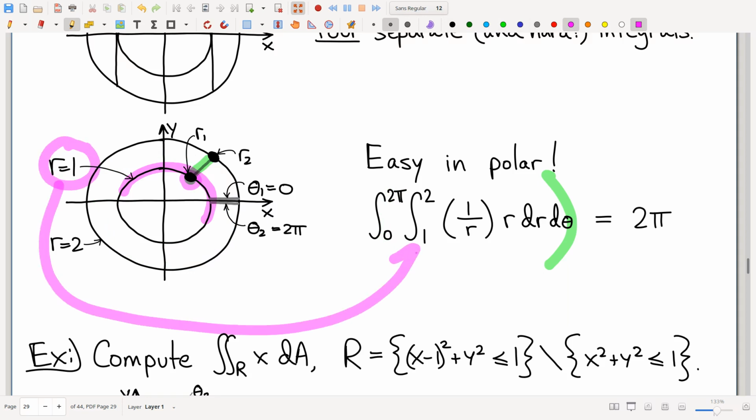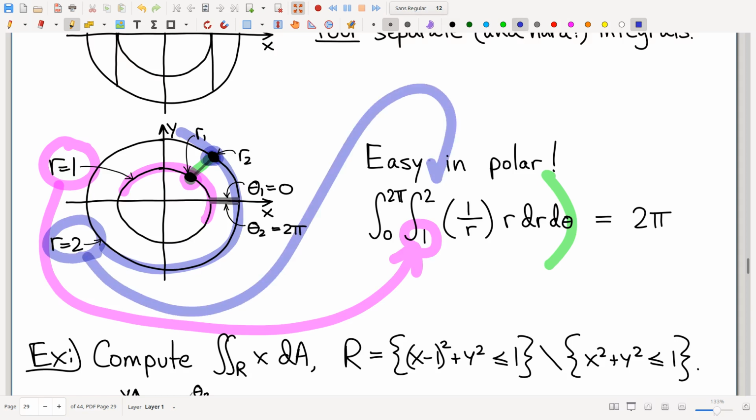Solve for r, you get your lower bound of 1. And r is going to end at that point, which is on this curve, which has that equation in which you solve for r, and your upper bound is 2. That is super easy. Everybody see how that works? Okay. So nothing to it.